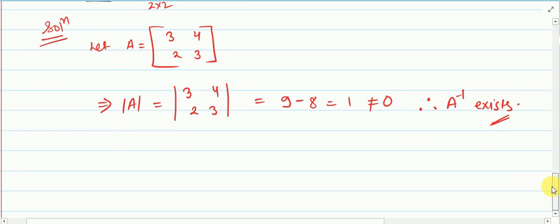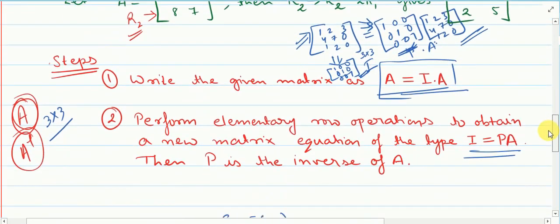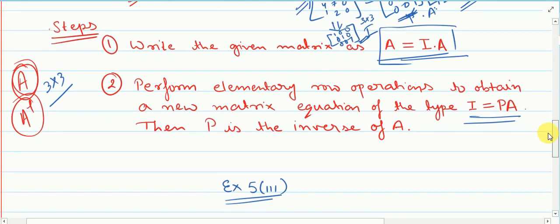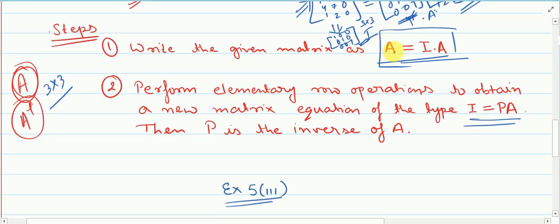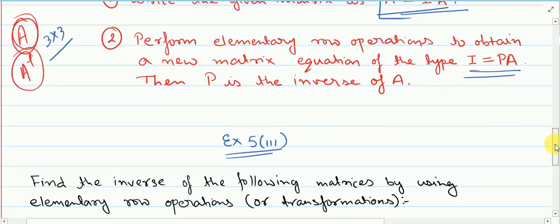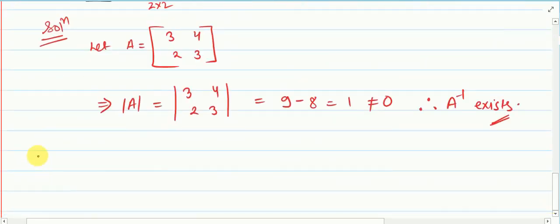Here we saw that it will have an inverse. Now we will proceed to elementary row transformation. These are the steps. The first step is to write the given matrix as A equal to IA. So I will write A equal to IA.